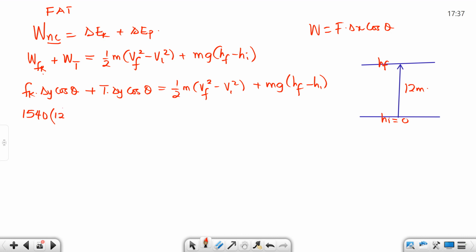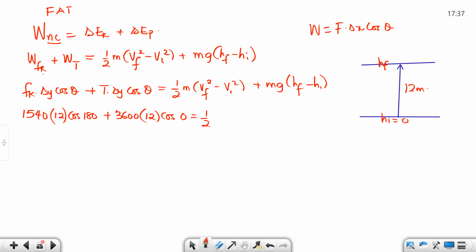What is our displacement? 12. Fumani, focus. What is the angle here? Cos 180 plus, what's our tension? 3,600. What's our delta Y? 12. Cos what? 0 now. Do you see where your free body diagram is playing a role? Okay. Equals to half.